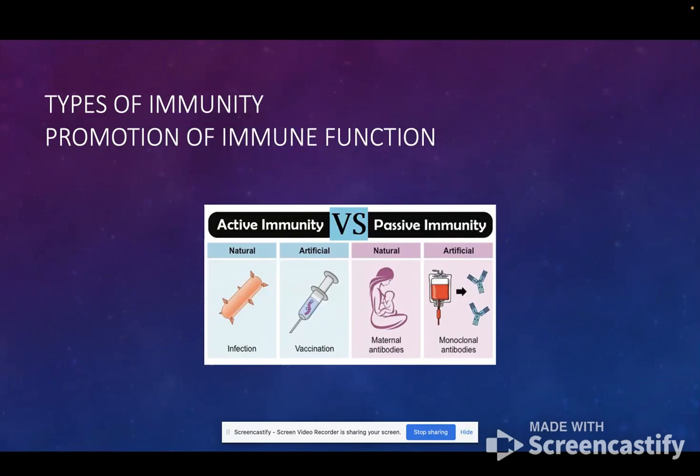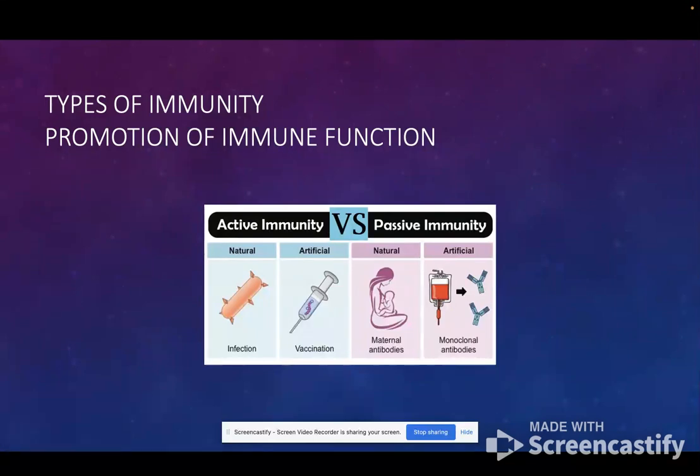Passive immunity, it's being passed on. So a natural way, maternal antibodies. So mom breastfeeding baby, that passes on that natural passive immunity. So one way to keep track of these is your active, your body makes.